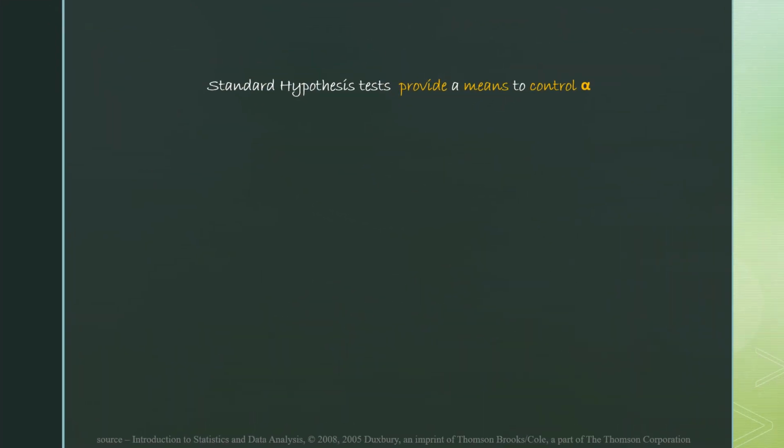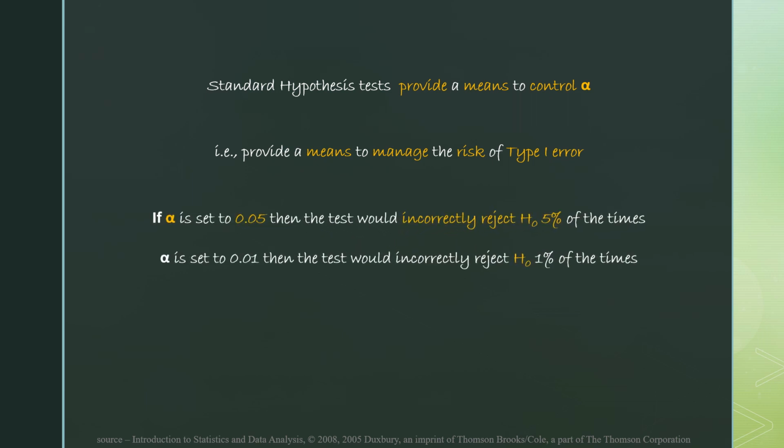Standard hypothesis tests provide a means to control alpha. That is, provide a means to manage the risk of type 1 error. If alpha is set to 0.05, then the test would incorrectly reject H0 5% of the times, that is, when the test is repeated over a large number of times with independent sample chosen each time.